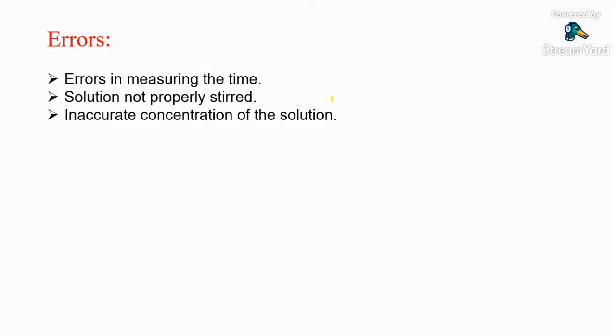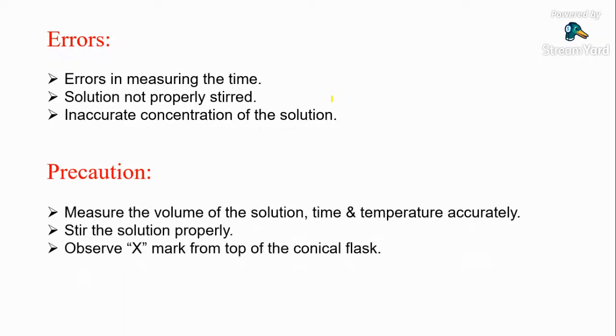After you list down the errors, you have to show the precaution steps that tally with your errors: how to overcome the error in measuring the time, how to overcome the solution not properly stirred, and how to make sure that the concentration of the solution is accurate. So you have to measure the volume of the solution, time, and temperature accurately, and stir the solution properly.